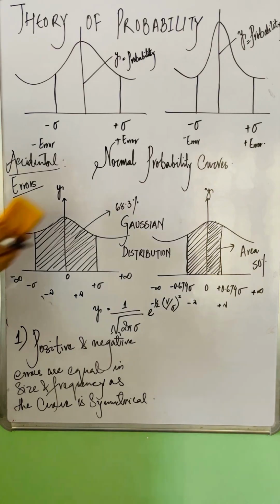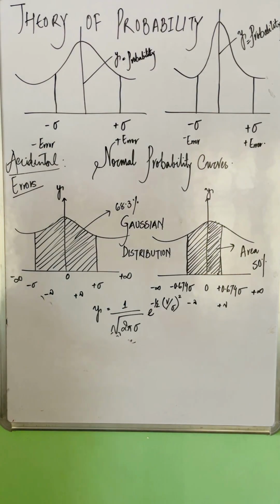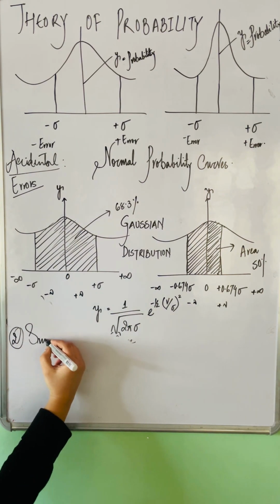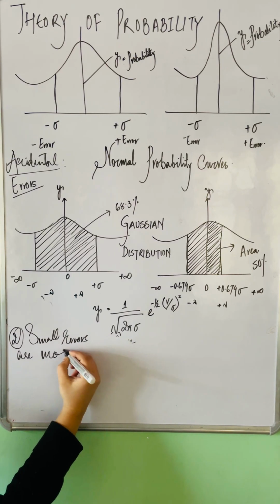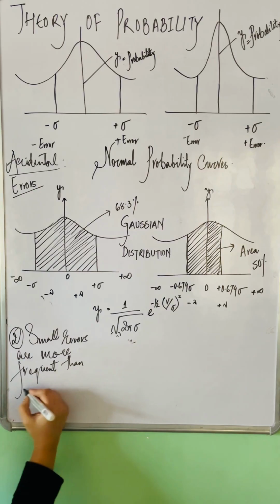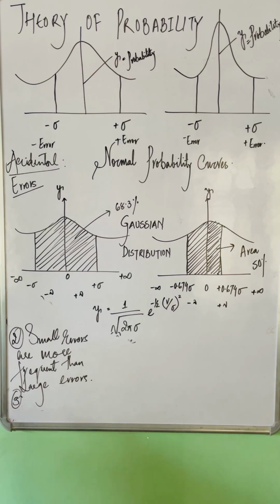The second point about normal probability curves, which you must note, is that small errors are more frequent than large errors. And one more point that must be noted by the students is that very large errors seldom occur.